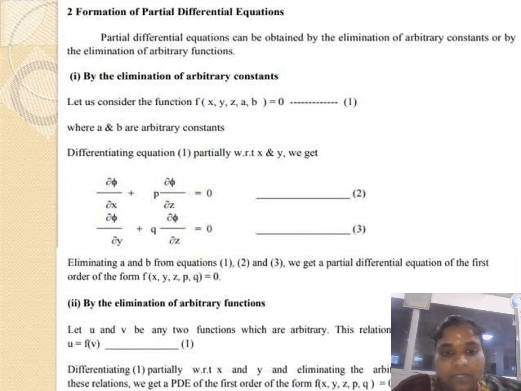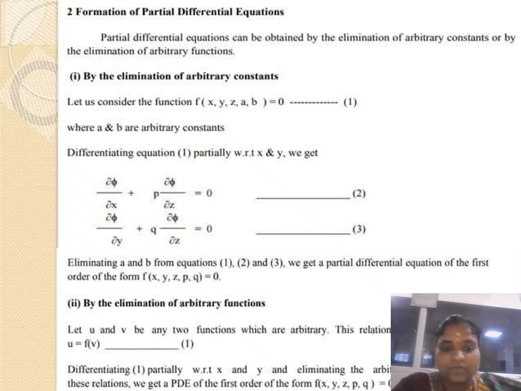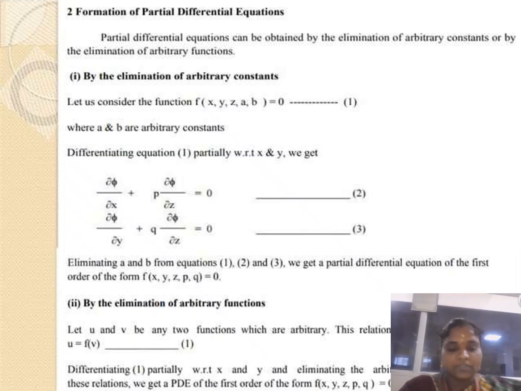After partially differentiating the first equation with respect to x and y, we get the second and third equations. Automatically, eliminating the arbitrary constants a and b, we get p and q. We get the partial differential equation of the first order of the form f of x comma y comma z comma p comma q equal to 0.